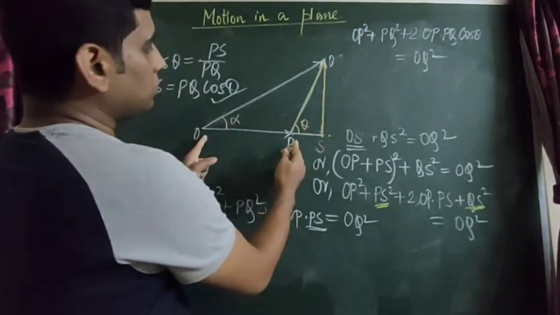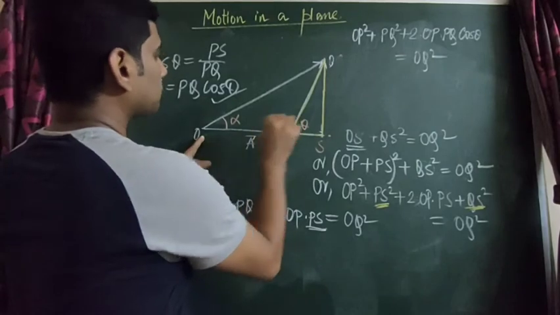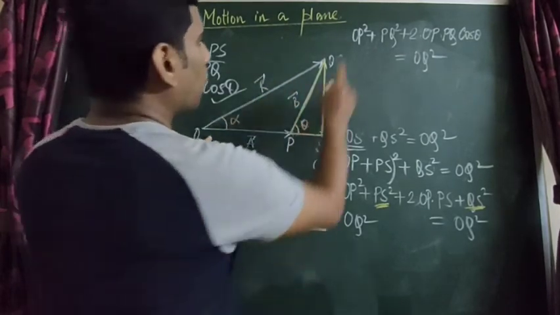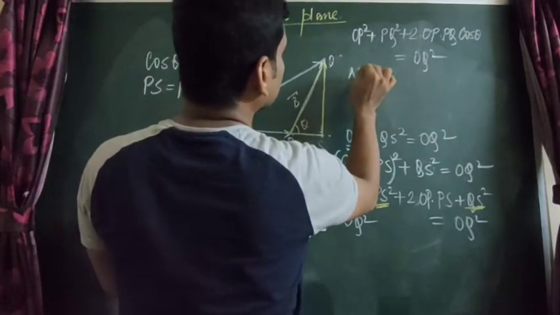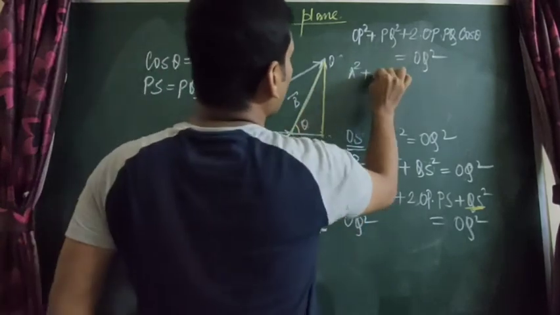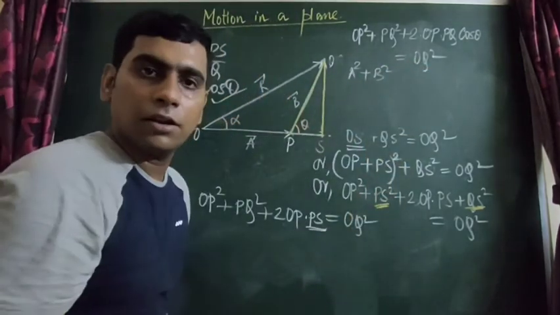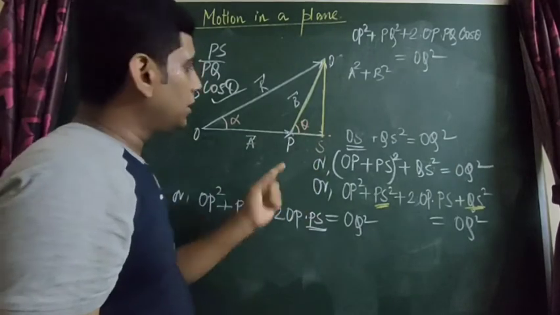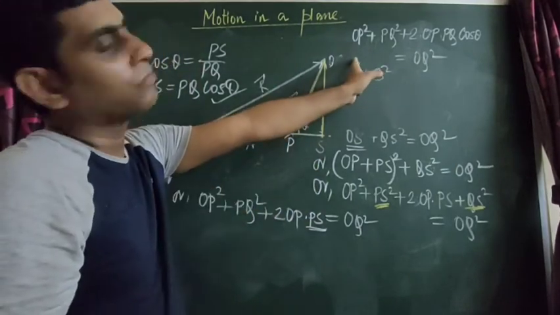Now this is A vector, this is B vector, and this is R. So OP means A square, plus PQ square means B square. I am only taking the magnitude here, not the direction. I am only calculating the magnitude, that's why I am not giving the direction here.